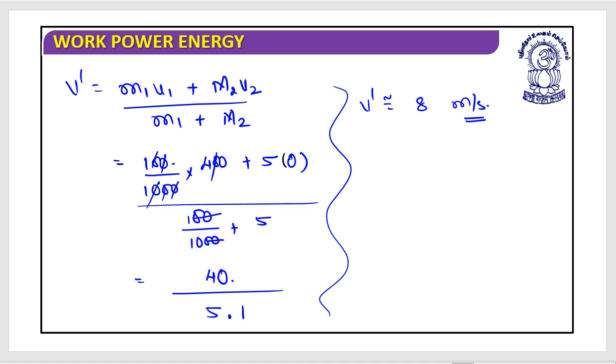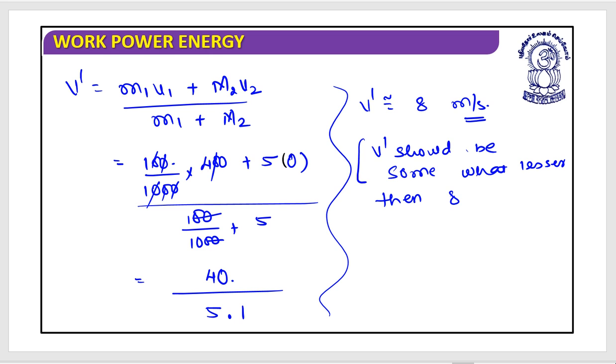If I go for the actual value, this is the approximation, v dash should be somewhat lesser than 8, around 7.8 or 7.9 meter per second. I hope this is clear.